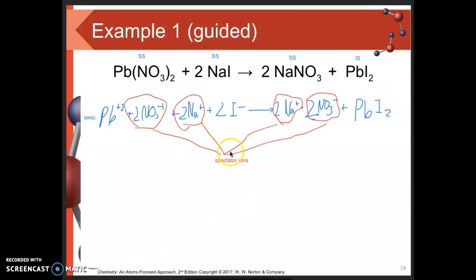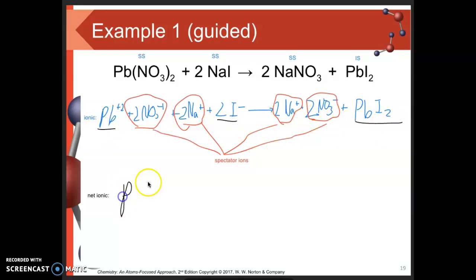Now what I want you to notice is that I've highlighted in red here, these are the spectator ions. Notice that I have 2 nitrate ions on both sides of the reaction and 2 sodium ions on both sides of the reaction. So the sodium and the nitrate did not change at all as we went from reactant to product. And so to turn this into a net ionic equation, I'm going to remove those spectator ions and focus just on the parts that did change.